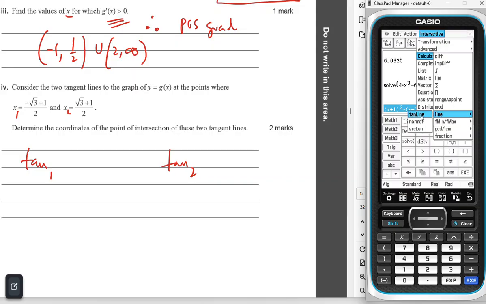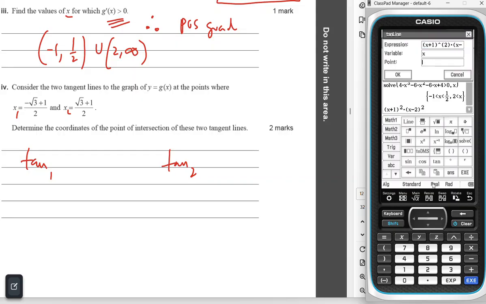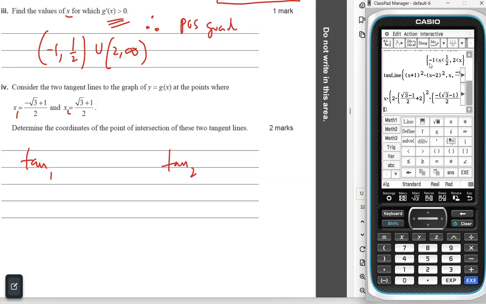Calculate line, tan line, and that's going to be at (negative root 3 plus 1) divided by 2. And that gives me that particular tangent line.